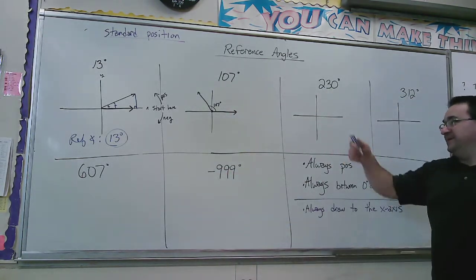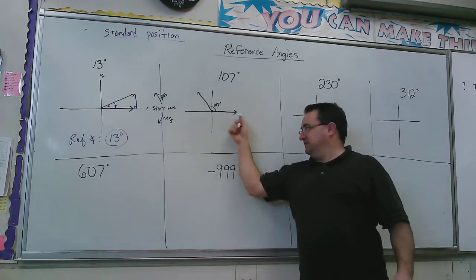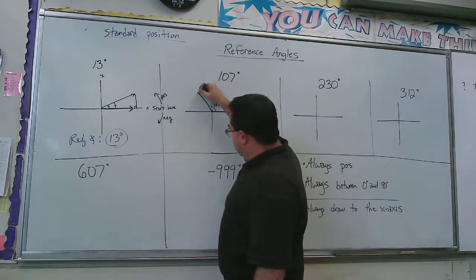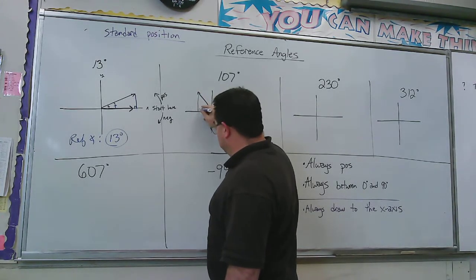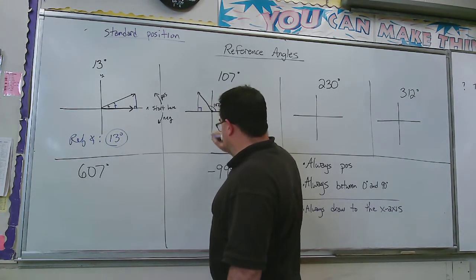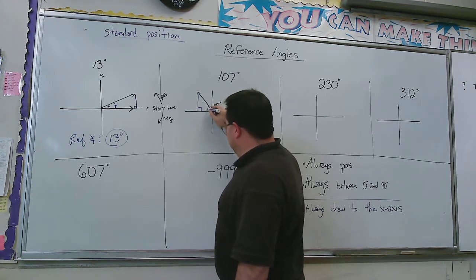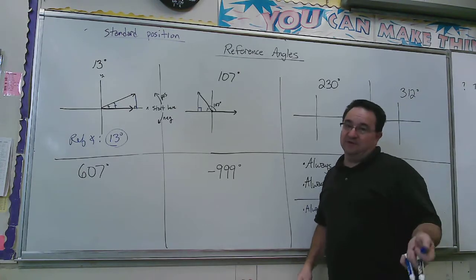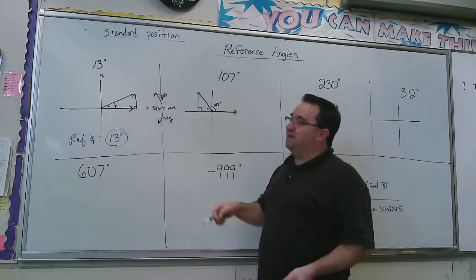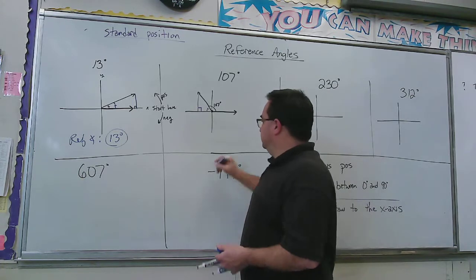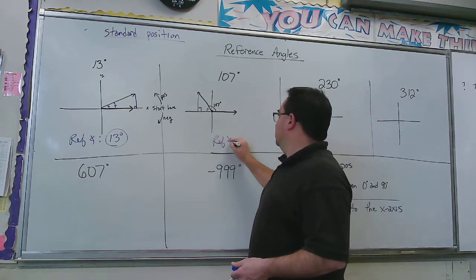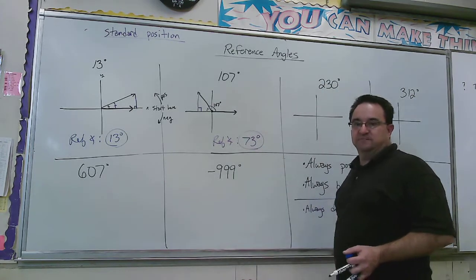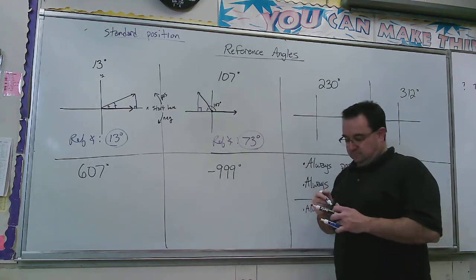I always go from my terminal side, which is not this one, but that one, to the x-axis. You're going to drop a perpendicular, and that is my reference angle right there. That's a picture of it. So if I can draw it, I can figure it, because that's like geometry, right? 180 minus 107. So in this case, my reference angle is 73 degrees. So that's different.